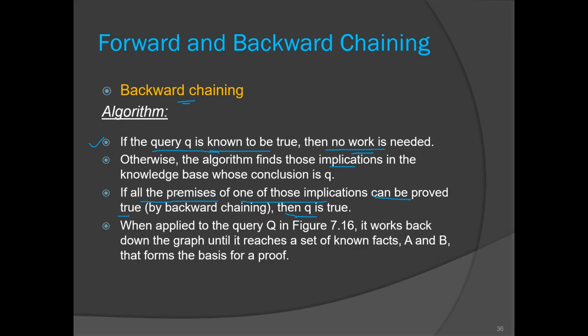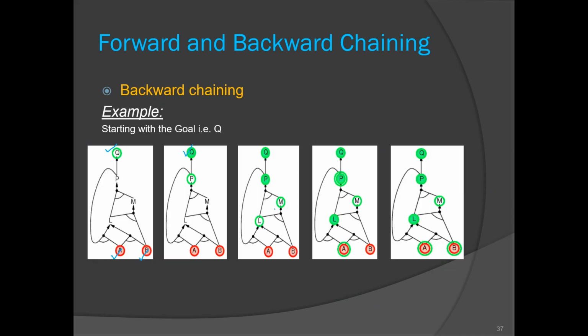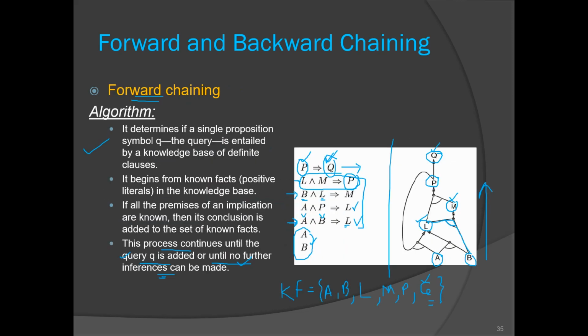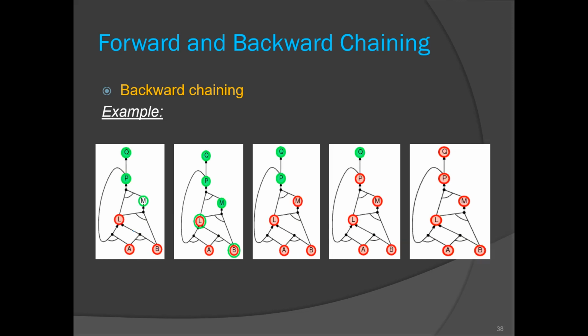So this is the implication L and M implies P. Now L is present in the conclusion part of two implications, this one and this one. For L both the premises are true, right? So L is proved. Now for M, L is proved and B is proved, so M is also proved. Then P is proved and Q is proved.